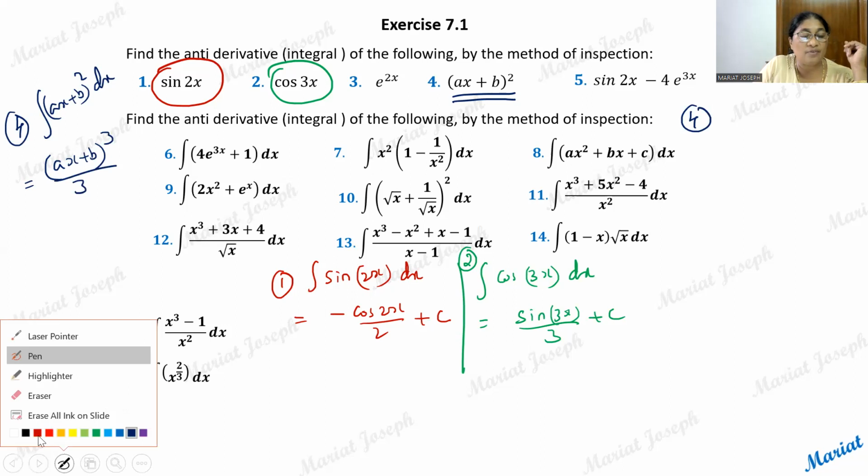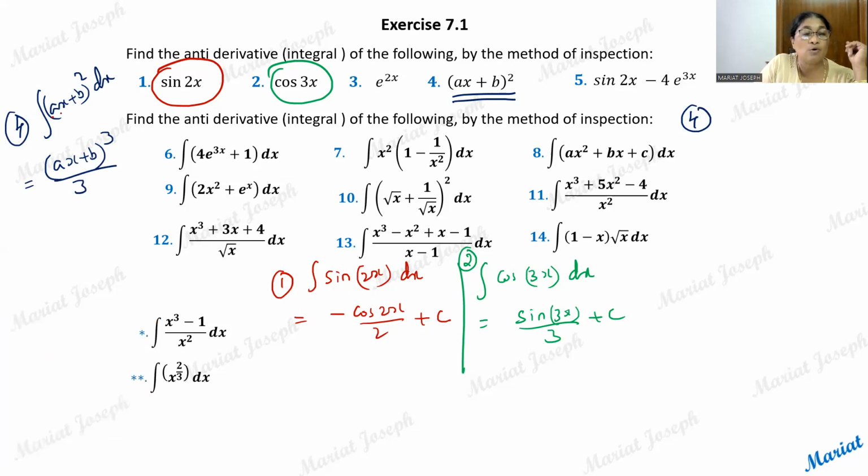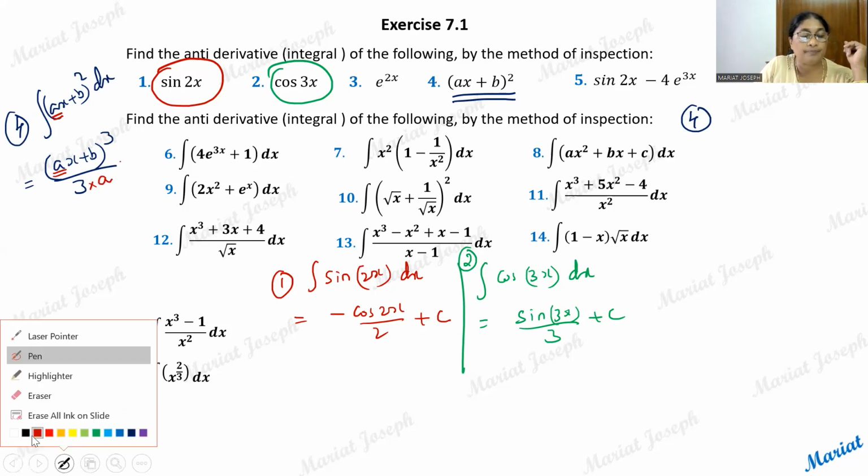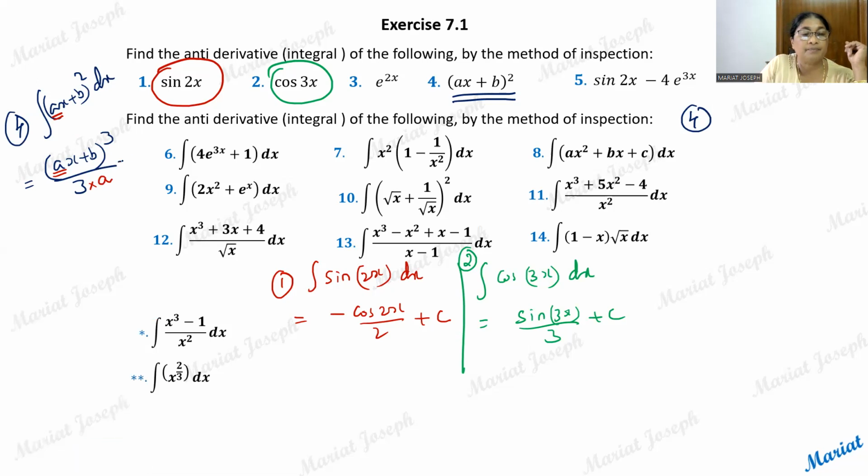Along with that, you have to give this a also. Derivative of ax plus b is a. So that a will also be given at the bottom. Plus c. This is it. And the fifth one is what we did just now. In fact, we did all these 1 to 5 just now on the other page.